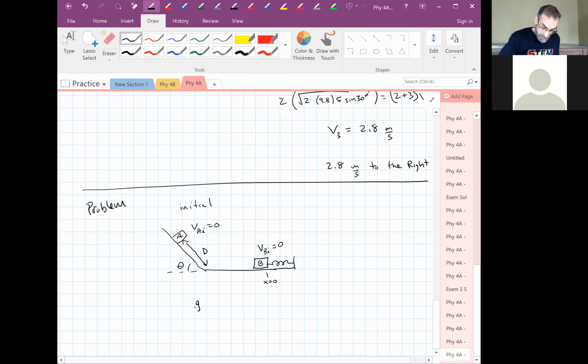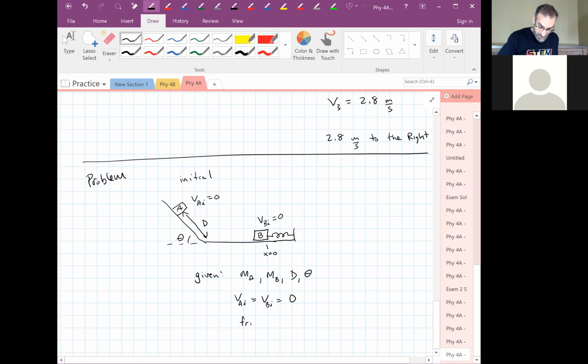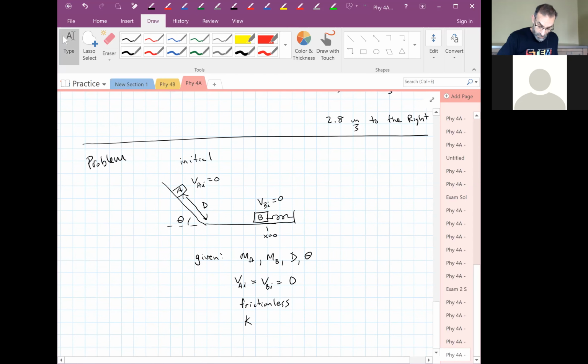We would be given the masses, the distance, the angle, the initial velocities are all 0. Let's just leave it frictionless for now. And what else do we need? Oh, we need a spring constant. And how much we're given, how much the spring compresses. So this is the initial state.